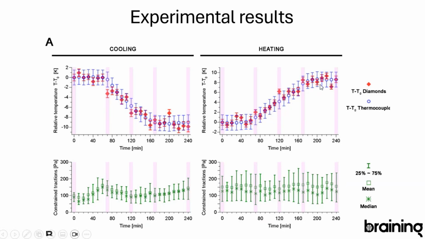So we were able to measure temperature differences with a precision of 0.76 degrees, less than one degree Celsius. And at the same time, we can also measure the cell traction. And this was really something which was not shown up to this date. Of course, this method will require more development and perfecting of the experimental conditions, but we show in principle that we can measure temperature and any other parameter which can be measured with optical microscopy.